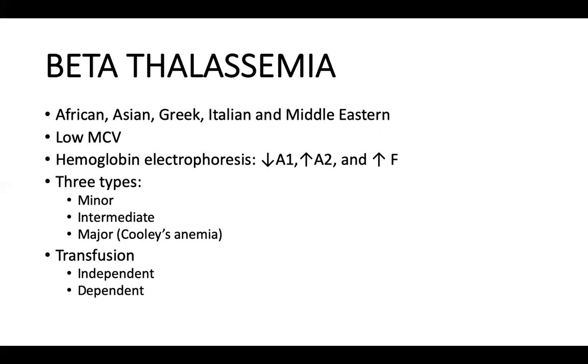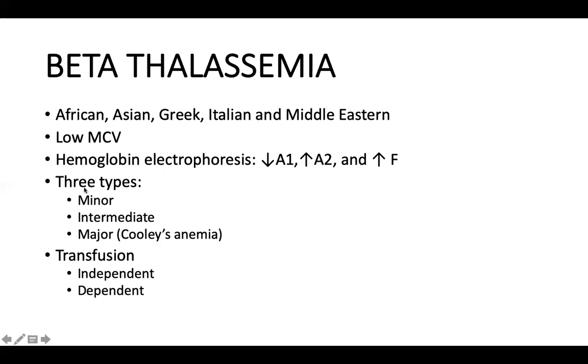Again, the hemoglobin electrophoresis shows less hemoglobin A1, increased hemoglobin A2, and increased F. A2 is usually around 5% or greater, and F is usually around 2 to 3 percent. Now, there are 3 types of beta thalassemia.